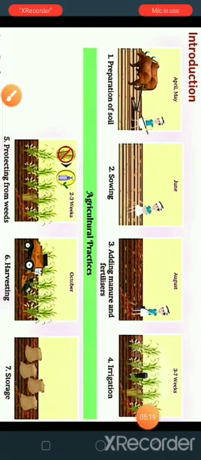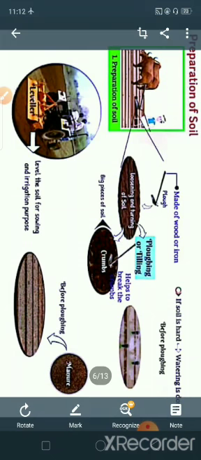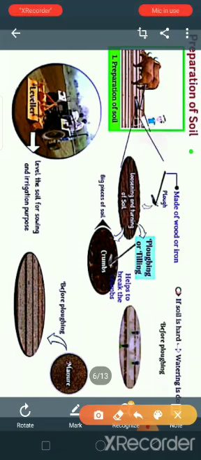Now we will learn about the very first step of cultivation, that is preparation of soil. So, how do the farmers make the soil ready for sowing the seeds?